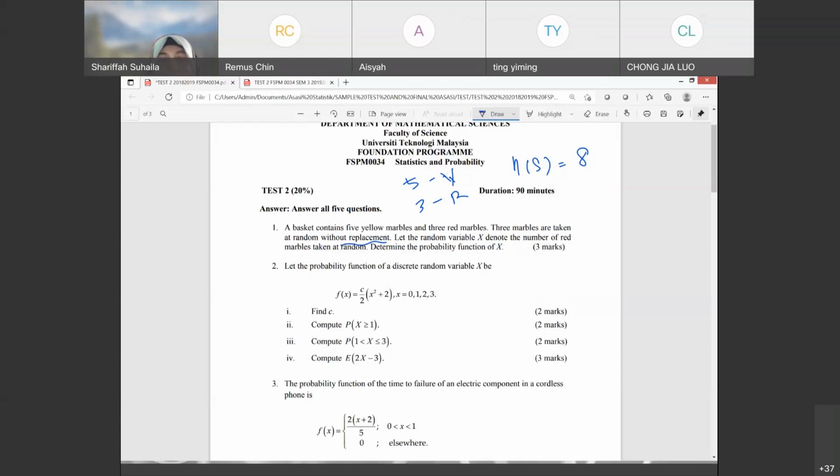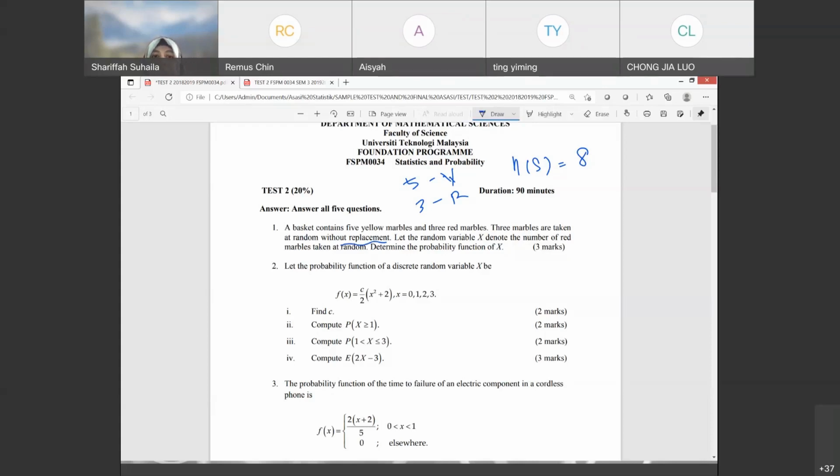What is your X here? X denotes the number of red marbles. Altogether you have 3 red marbles, so you need to determine the value for your small x.